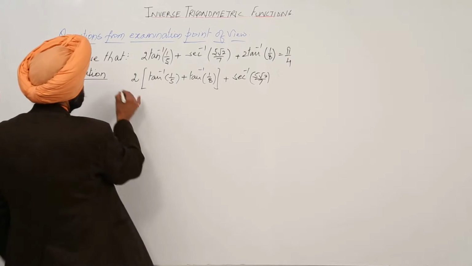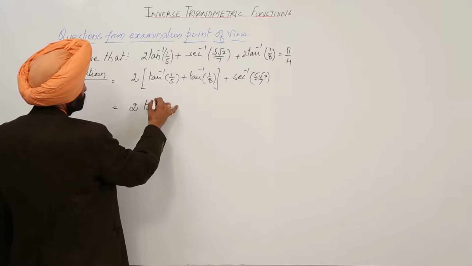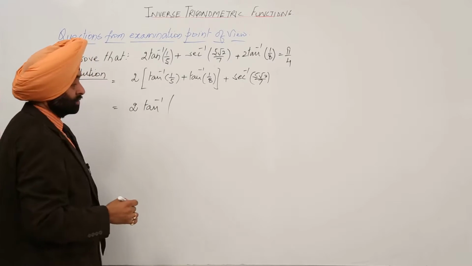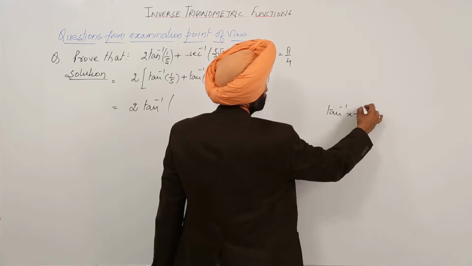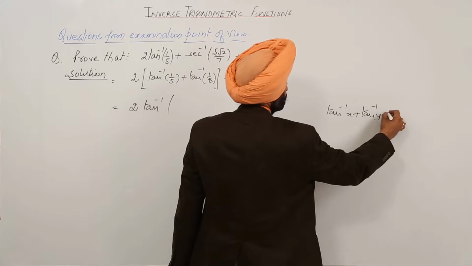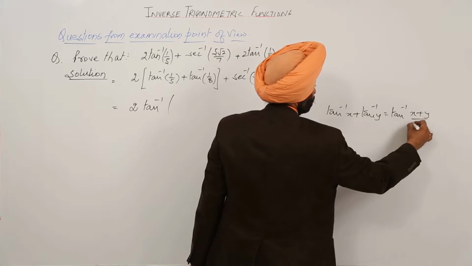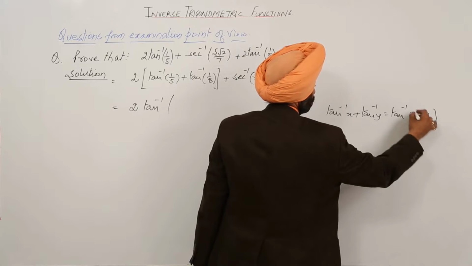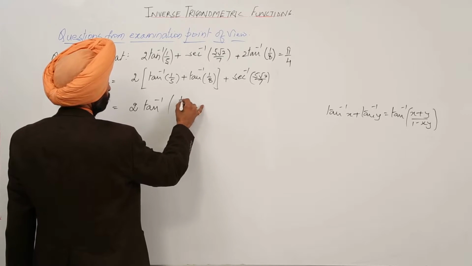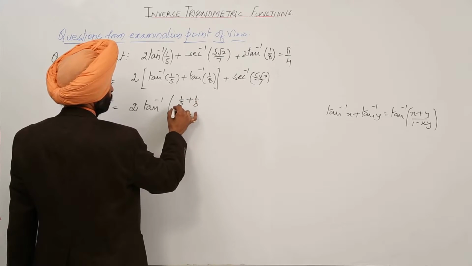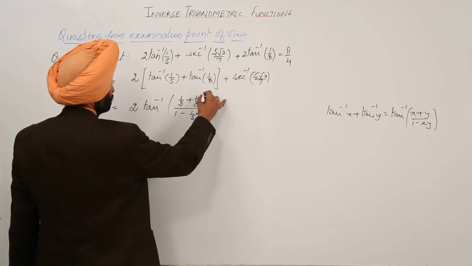So now this becomes 2 tan inverse, and the formula is tan inverse x plus tan inverse y is equal to tan inverse x plus y upon 1 minus xy. Okay, so this is the formula which we are using. Now this becomes 1 by 5 plus 1 by 8 upon 1 minus 1 by 5 times 1 by 8.